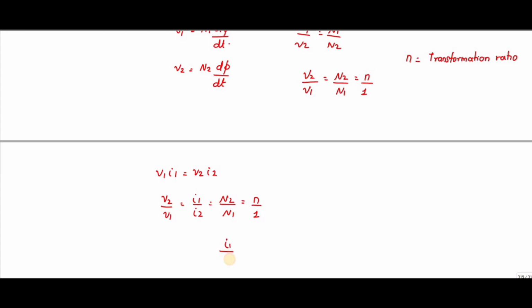So I1 by I2 is equal to N. If N value is 1, we call this an isolation transformer.